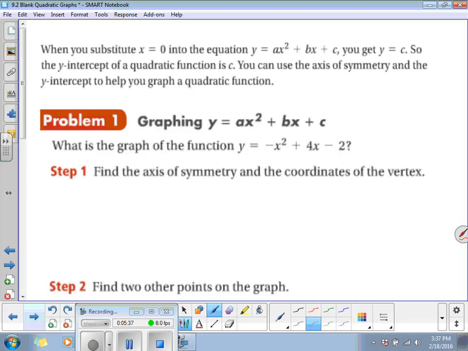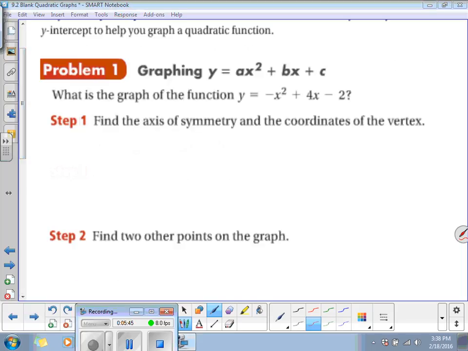When you substitute x into an equation as 0, you get the y-intercept. All right, so we want to know what is the graph of the function y is equal to negative x squared plus 4x minus 2. So the first step here is you want to find the axis of symmetry, and then once you get the axis of symmetry, find the rest of the coordinates for the vertex.